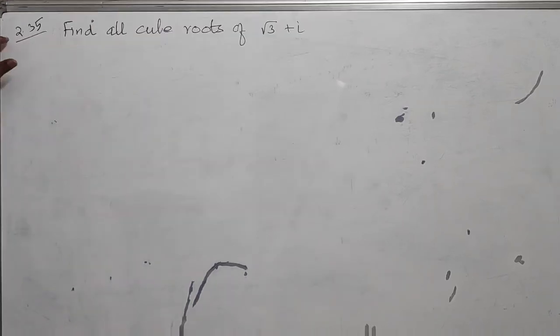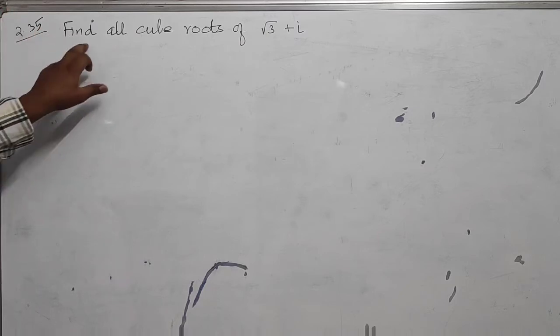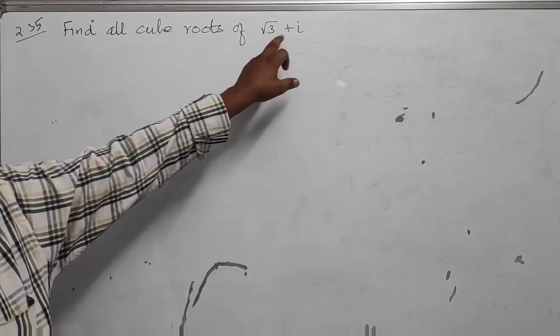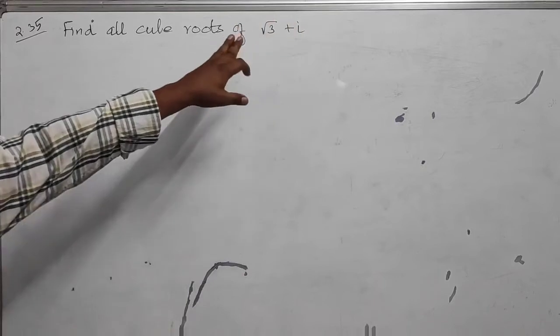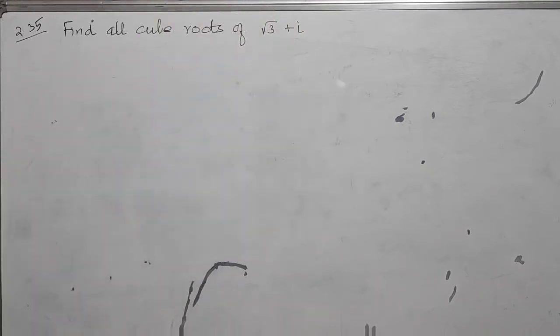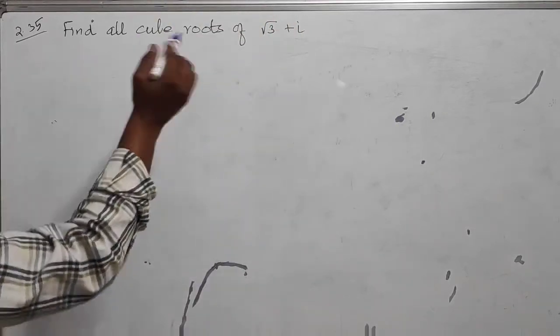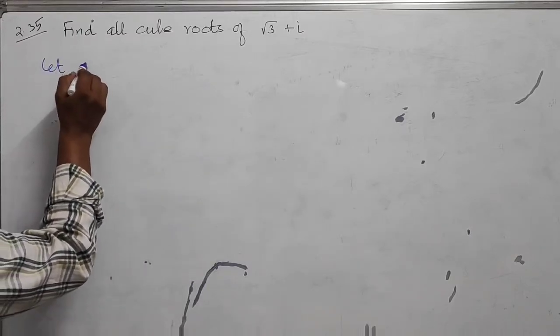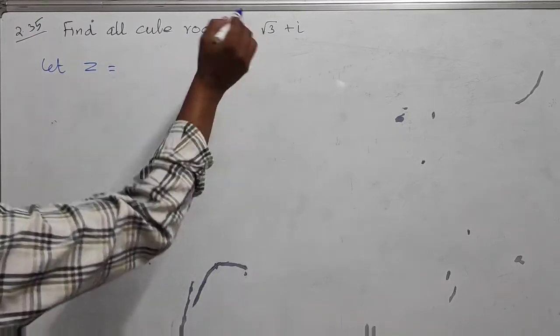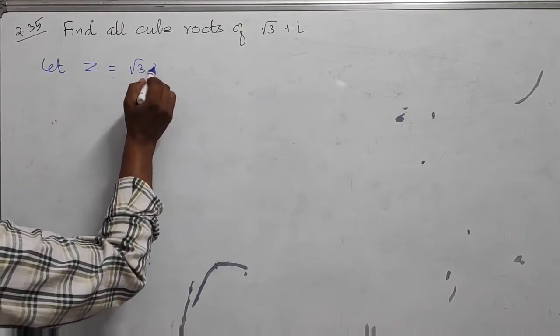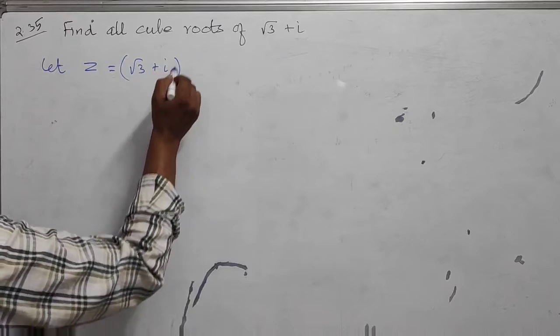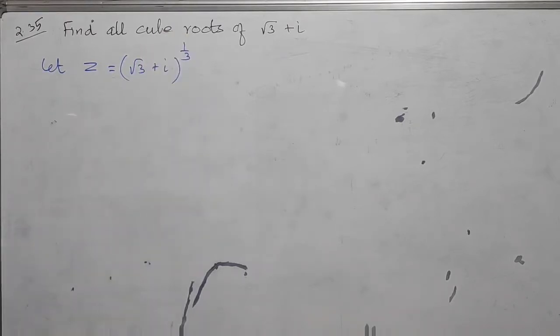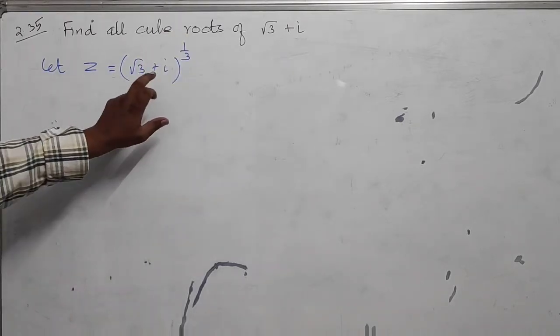Example 2.35. Find all cube roots of root 3 plus i. Not to find the cube root of this complex number. Therefore, we can write this as, first let z is equal to cube root of this one, that is root 3 plus i whole power 1 by 3. Now, first of all, I have to convert this into which form?